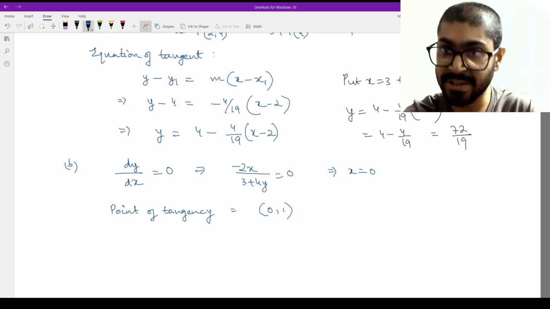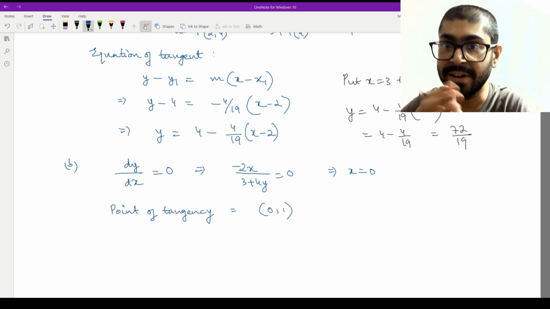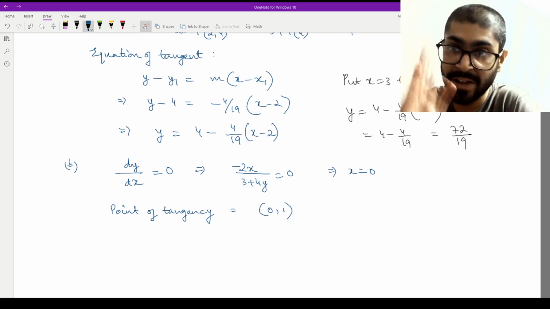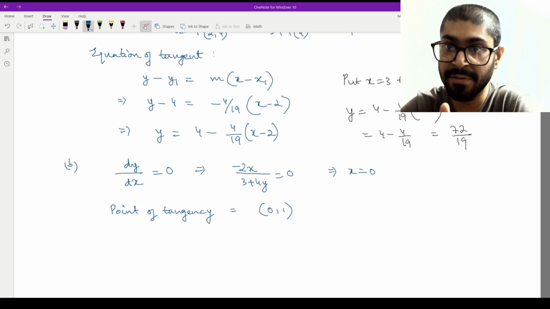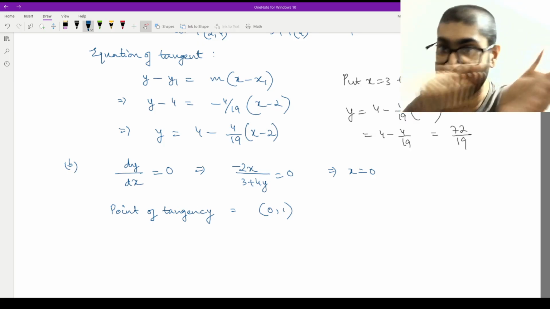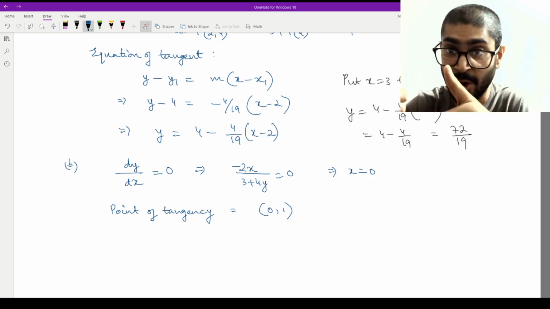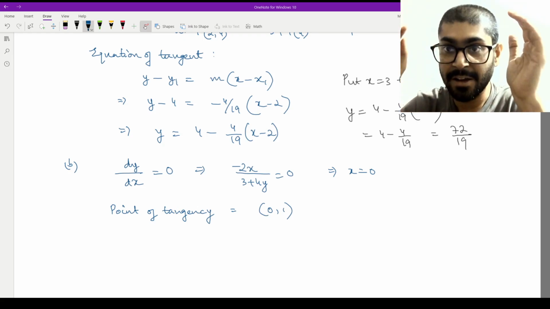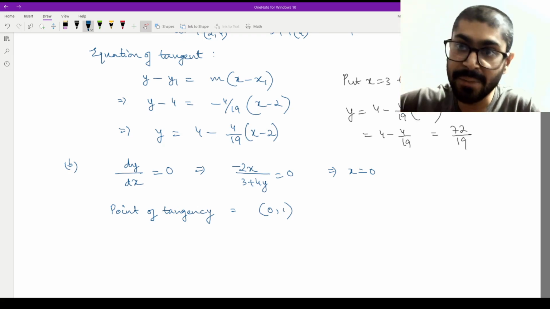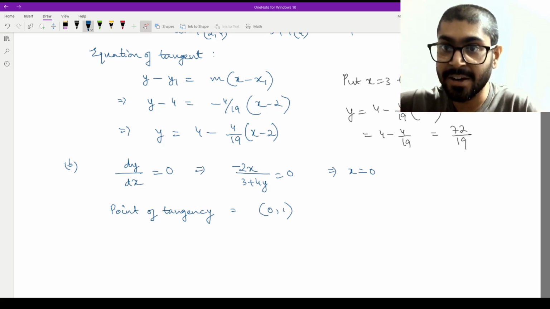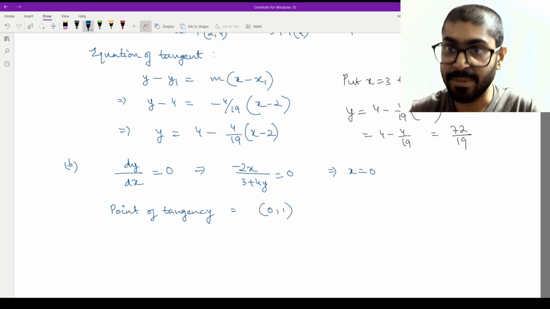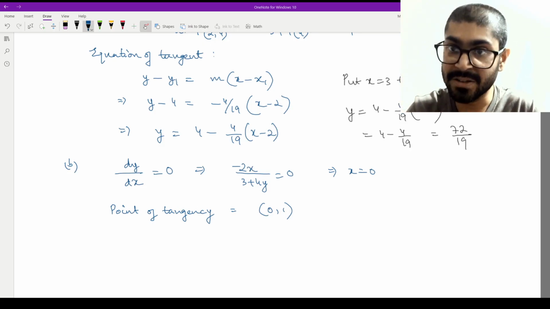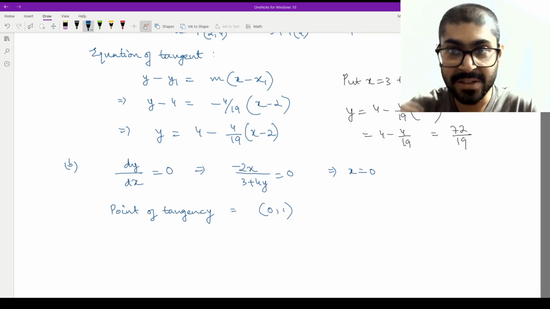Now for a horizontal, I hope you understood the reason why we set the first derivative to be 0. Because to guarantee that a horizontal line will be tangential to the curve is saying that it would be a tangent at the inflection point or the critical point, the turning points, etc. Only at the maxima or the minima will the horizontal tangent appear, because horizontal means tan 0 is 0, so slope is 0, which means it's parallel to the x-axis.